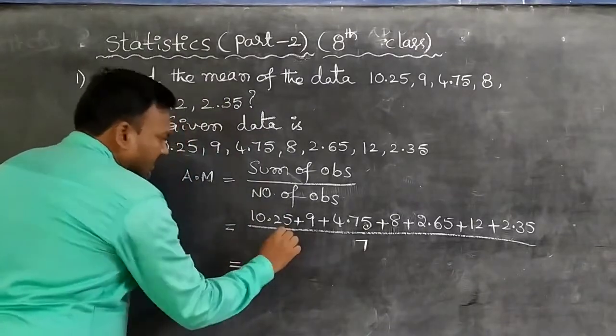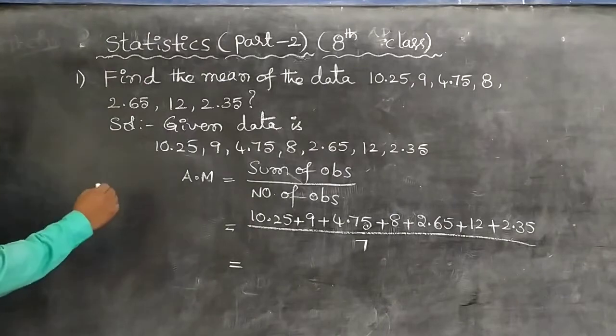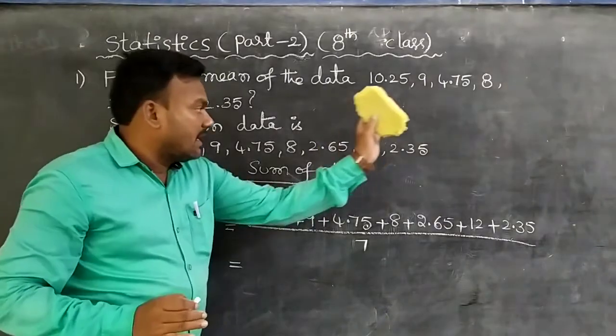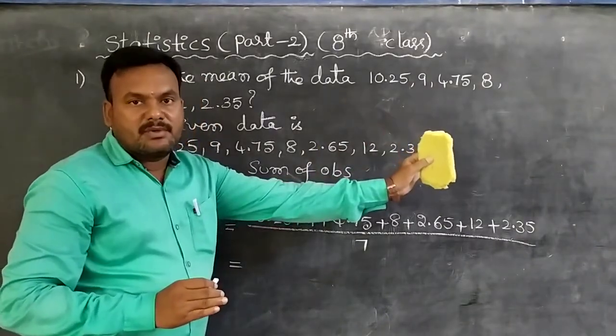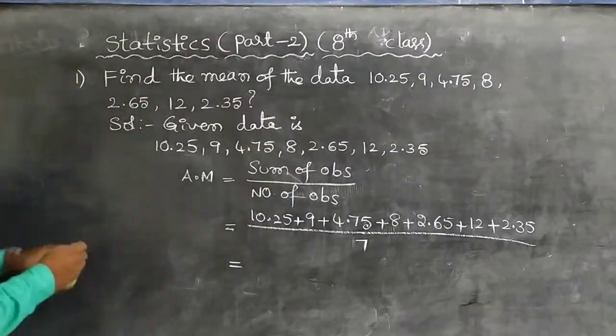Then observe the summation value, students. It is better to do the summation on the right side if there is space, that is the correct way. But here there is no space, so we are doing it on the left side.